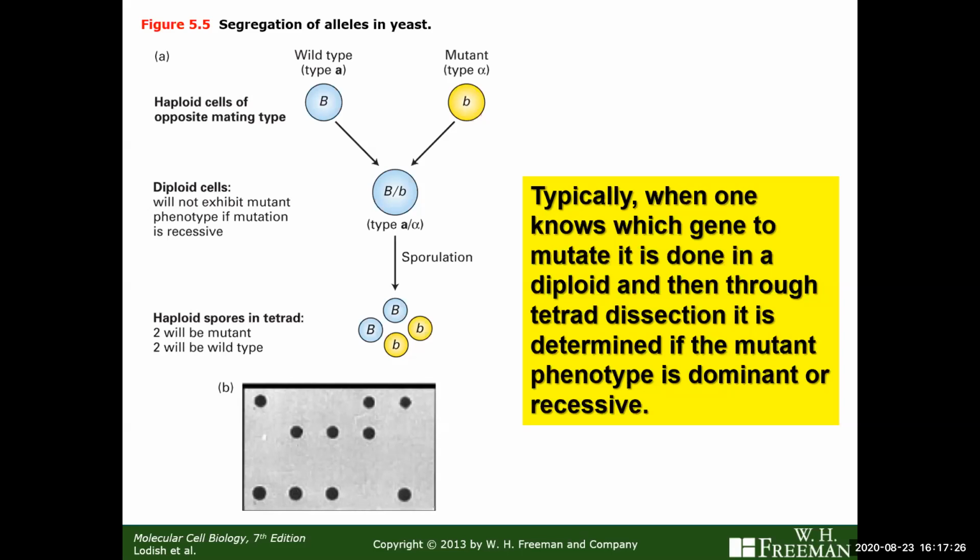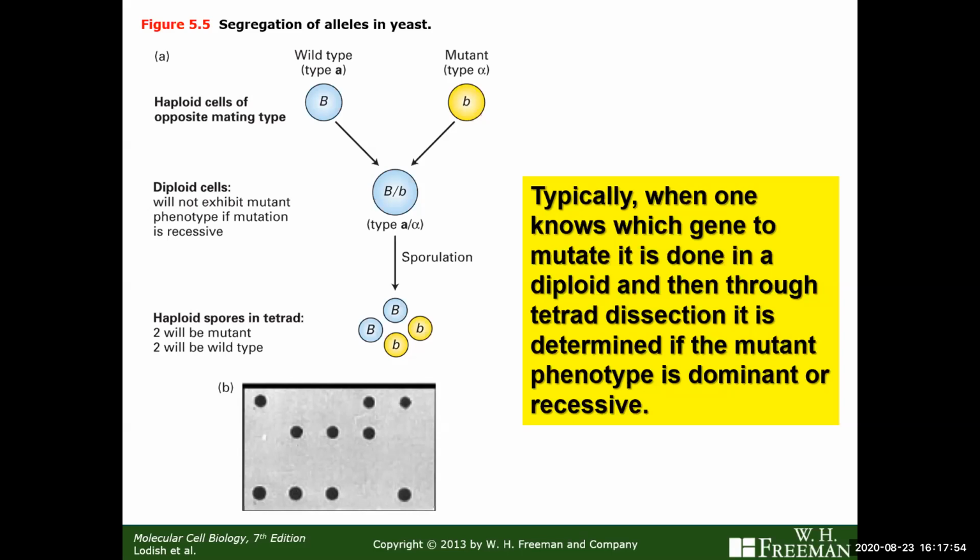But statistically, if you see in a very large number that the phenotype is always segregating 2:2, segregating meaning you get 2 normal, 2 mutant, then you can tell that this is a monogenic trait. The behavior is because of one gene, and that particular gene is involved in galactose metabolism somehow.